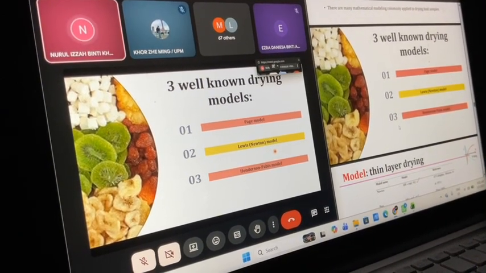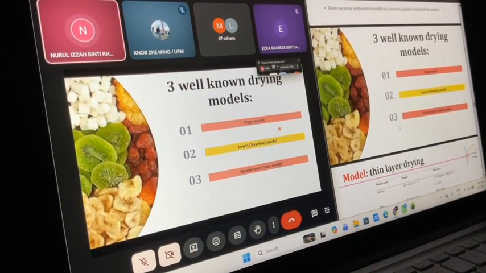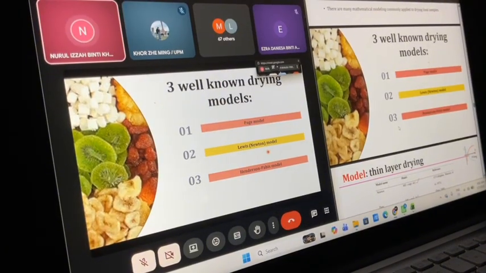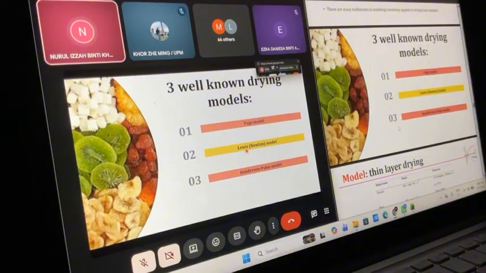Today we're going to try an example using Lewis. Even though drying is actually a combination of initial, constant and falling, sometimes it can fit this model, so you can say your food is representing a linear or constant rate drying. If it fits the Page model, it's a combination of constant rate and falling rate.